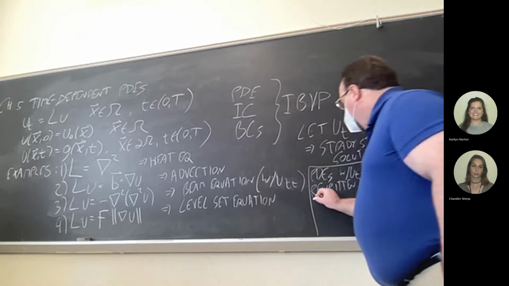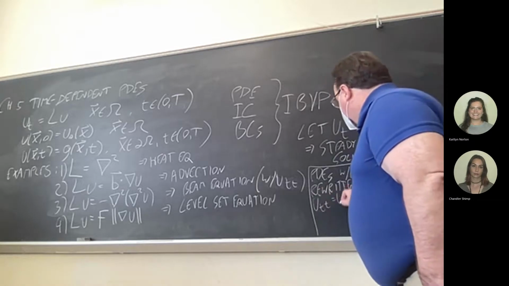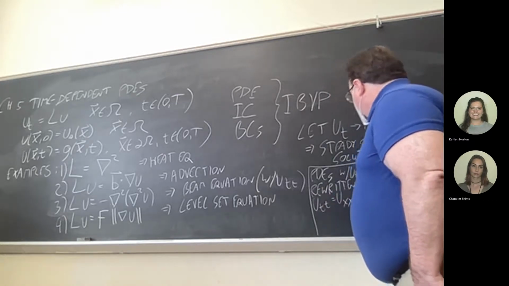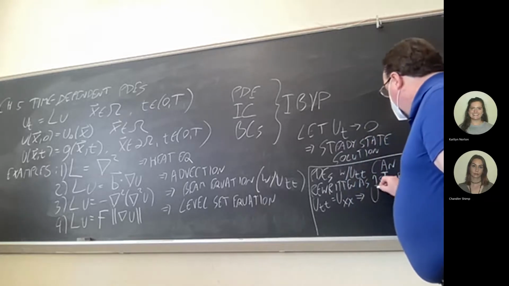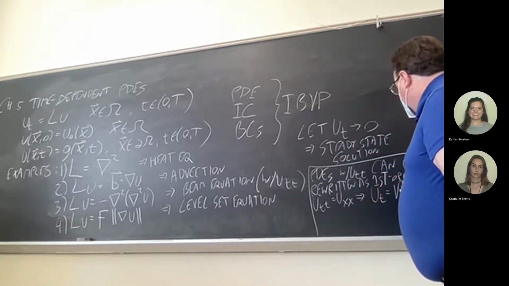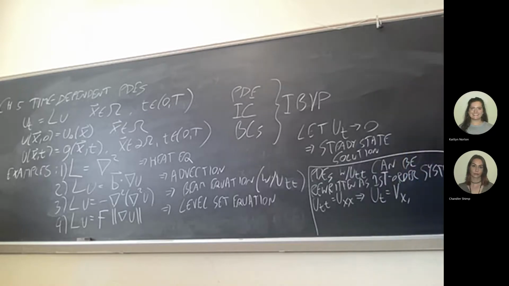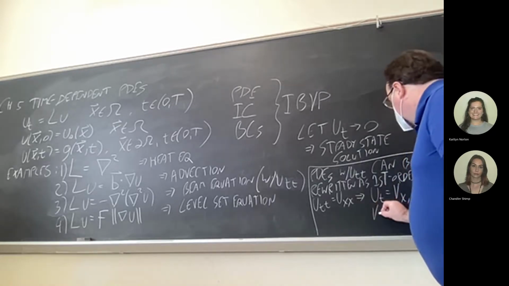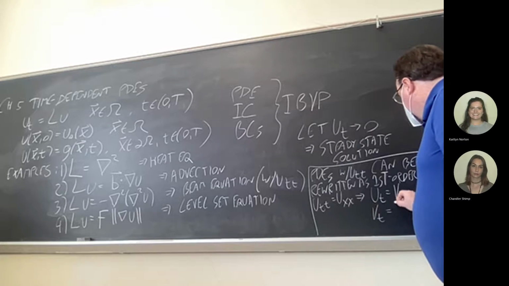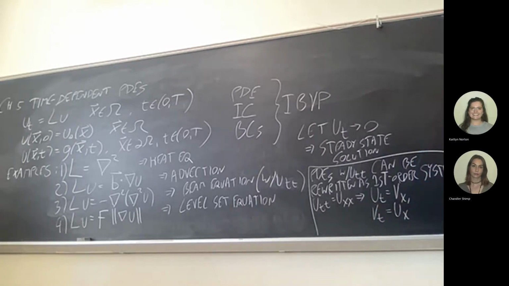As a simple example, utt is equal to uxx can be written as ut is equal to vx, and then vt is equal to ux. Because if I take a derivative of this equation with respect to t, I get vxt.